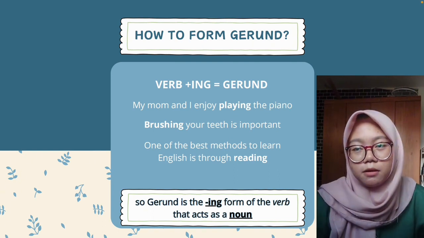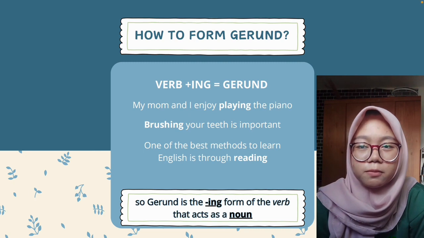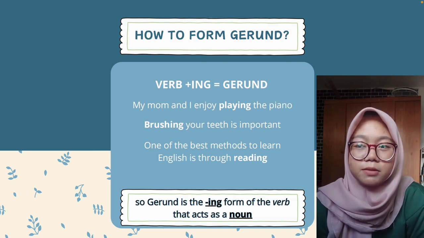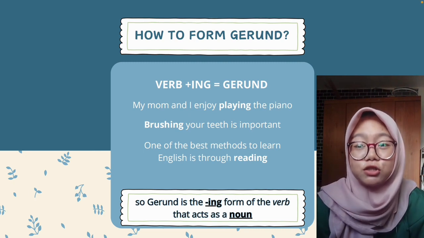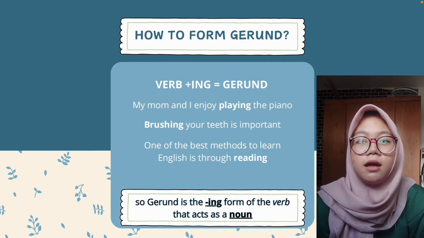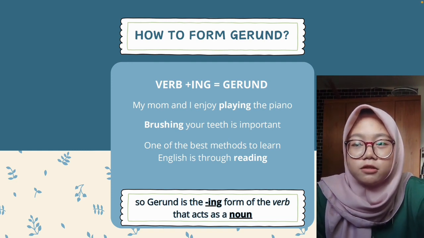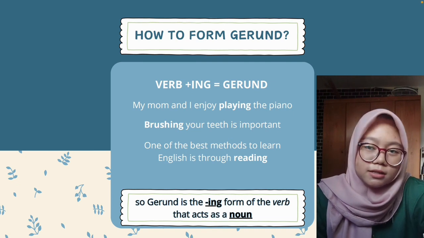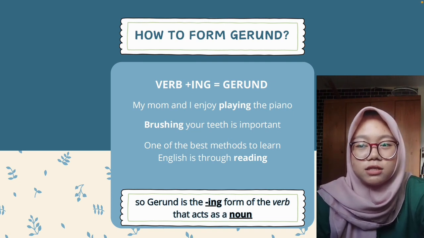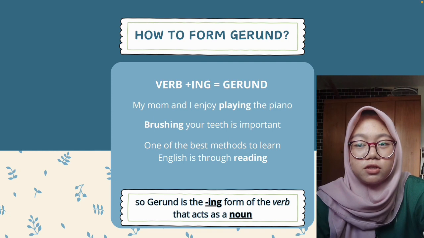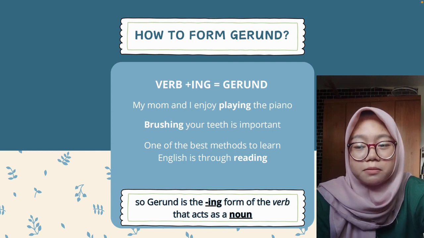From the examples above, gerunds are verb plus ing, or the verb in the present participle form. However, you should know that this is not what makes it a verb that functions as a noun. You need to be able to understand whether the verb plus ing used in the sentence serves to describe the action or becomes a noun.